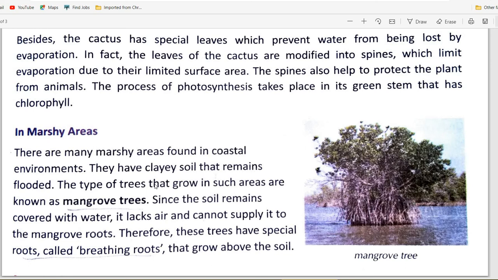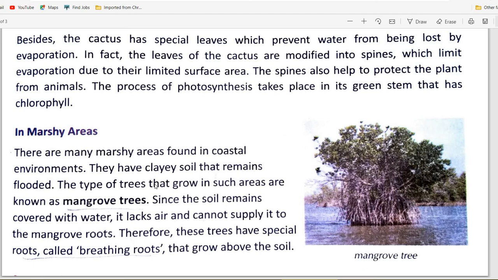And in plain areas, the trees are called deciduous trees because these types of trees shed their leaves in winter, and the branches are filled with leaves in the summer season.